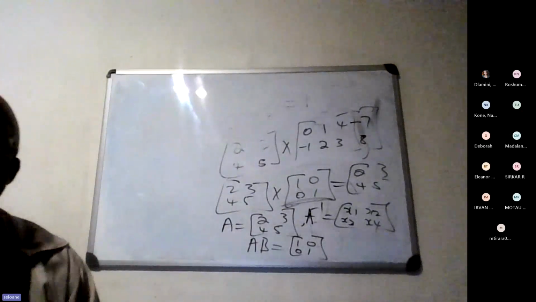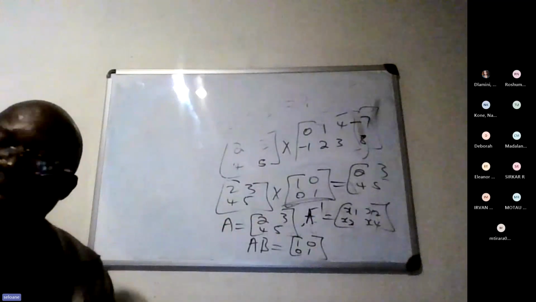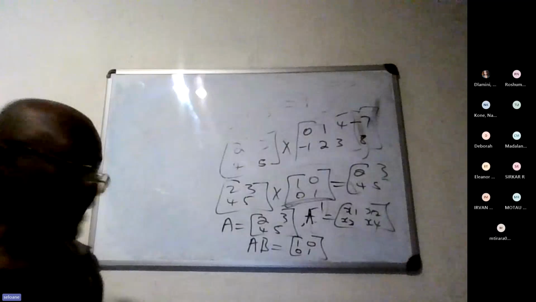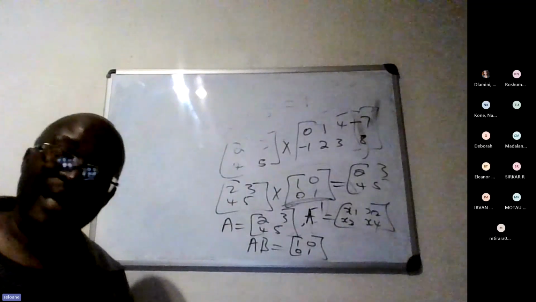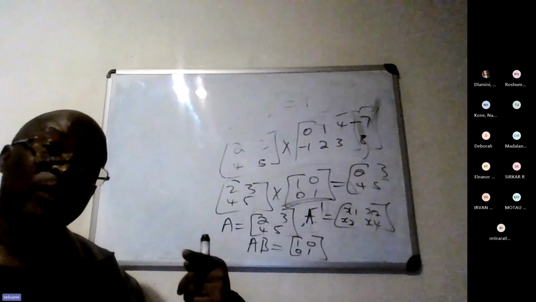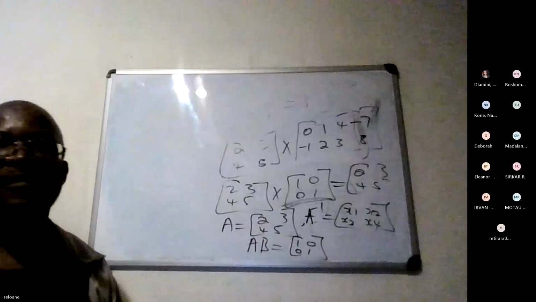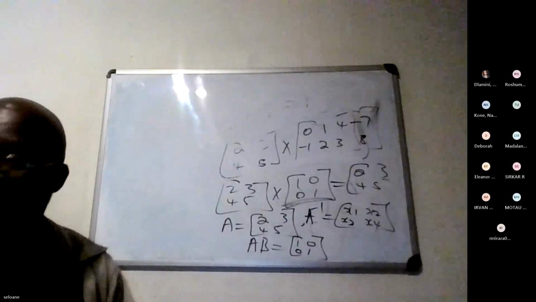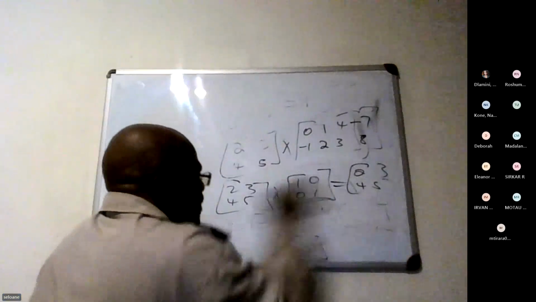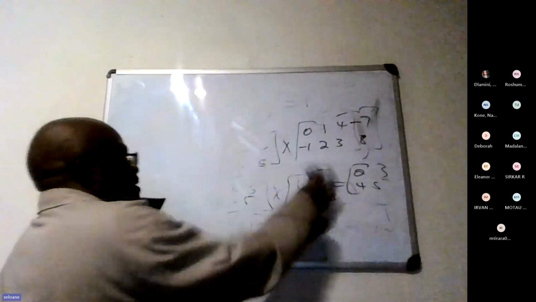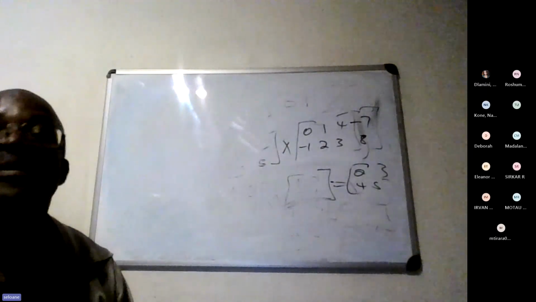Hopefully that makes sense. Given any matrix, but in fact it will be a square matrix. We know what a square matrix is. Given a square matrix, can we find another matrix such that the product of the two will give you an identity matrix? For our purpose here, we must take you through the method called the adjoint method.